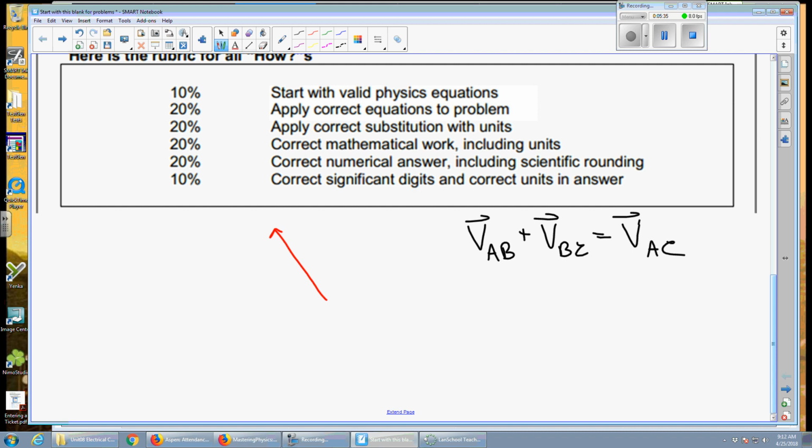So that's my velocity. Rather than AB, I have swimmer to water. I add to that the velocity of the water to the bank. And I might have swapped colors, sorry folks. And I get the velocity of the swimmer to the bank.